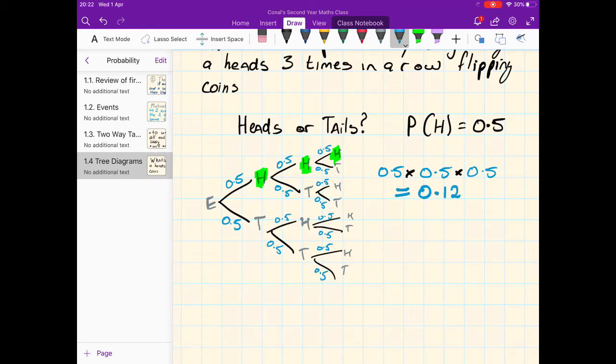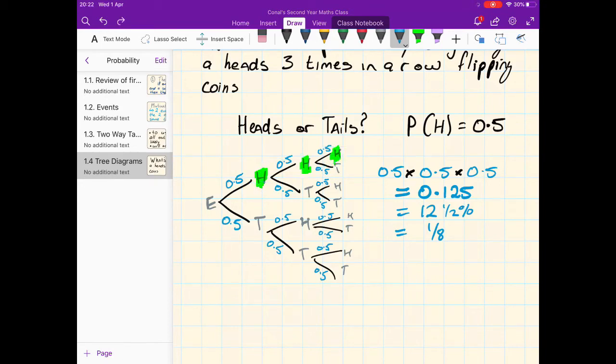So 0.5 by 0.5 gives me 0.25, and multiply that by 0.5 again, that gives me 0.125. Again, you can use your calculator for that, so no panic about it. So that's 0.125, or we could say that's 12.5%. And we could also say that is an eighth.